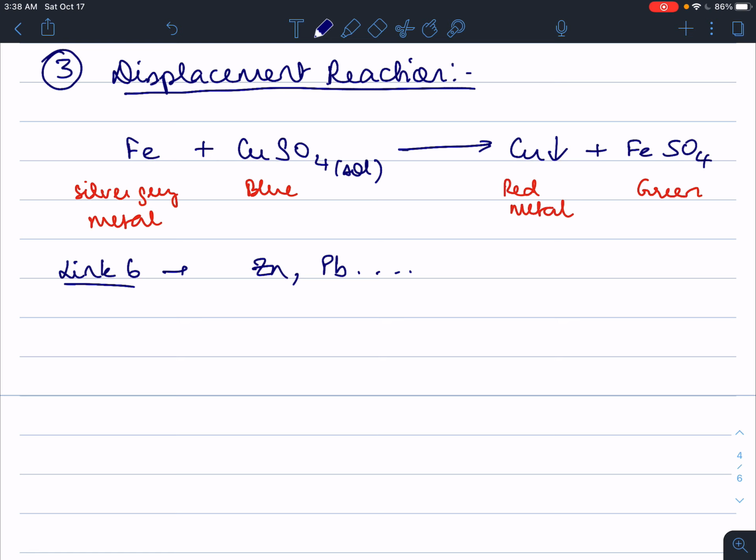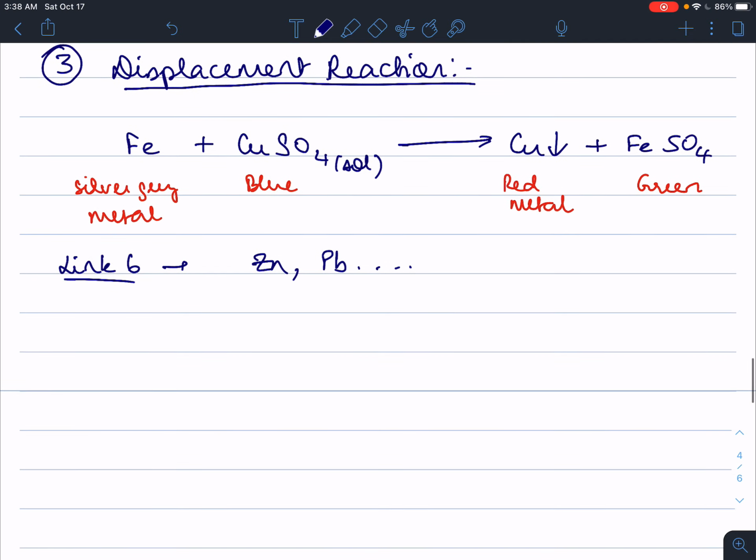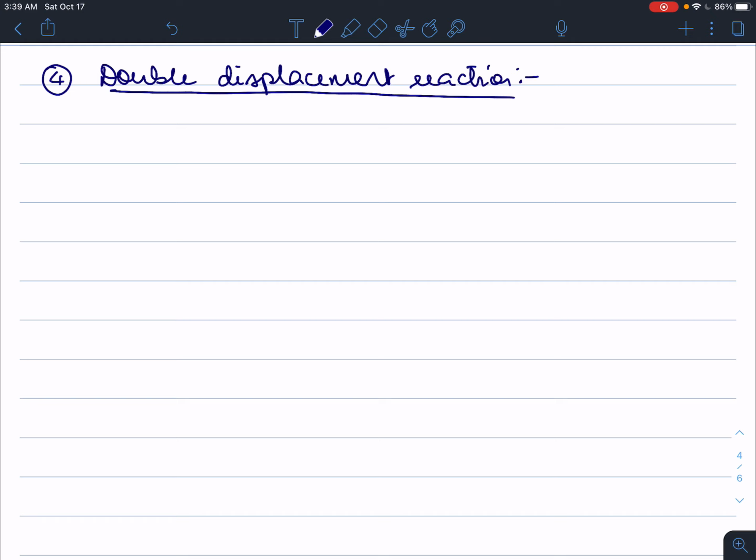Now, we spoke about displacement. There is another kind of reaction very similar to this called the double displacement reaction. I'm pretty sure most of you would have guessed by now.